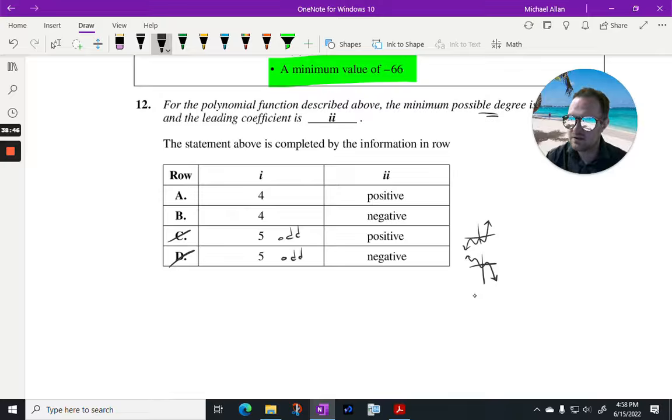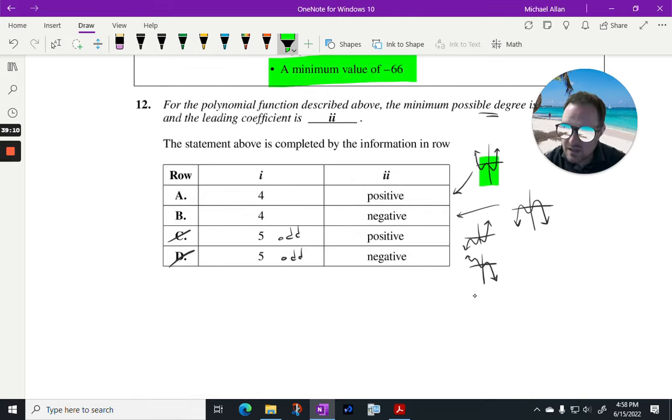There are no minimums. So the only ones I have to choose from now are the degree of 4. They both open up or they both open down. We just have to remember that positive means that the graph opens upwards, and negative means that the graph opens downwards. So if we want a minimum value, we need values on the bottom, right?